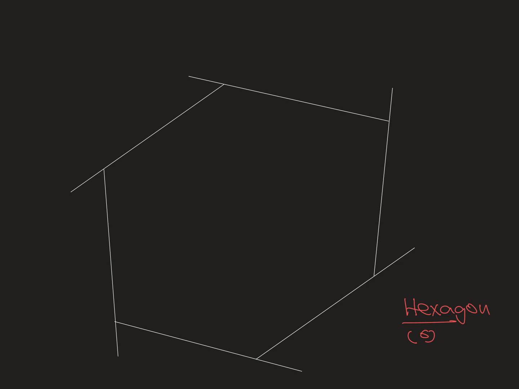What you have to understand about the concept of polygons is we have angles that are called interior angles and angles that are called exterior angles.